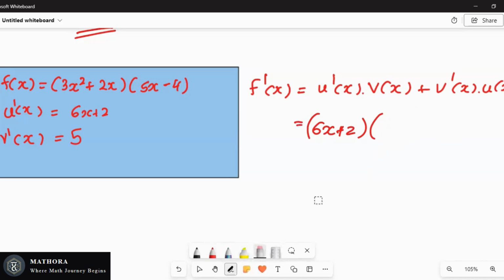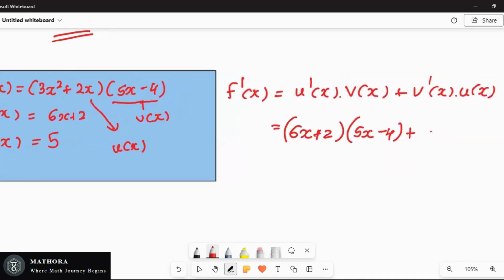It's not 5. v(x) is 5x minus 4, right? This is v(x) and this is u(x). I'm sorry, even teachers can make mistakes, right? So 5x minus 4, plus v'(x) is 5 times u(x), which is 3x to the power of 2 plus 2x.